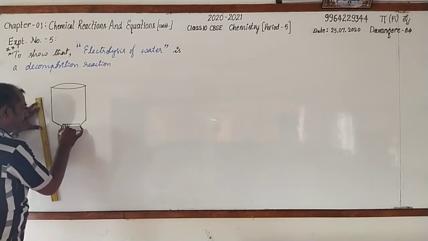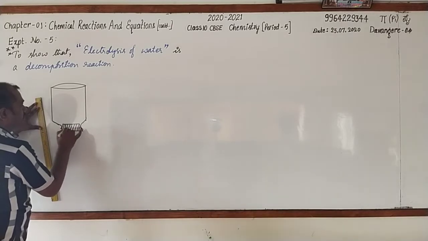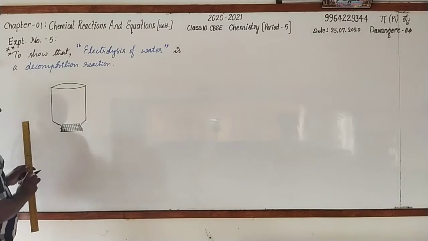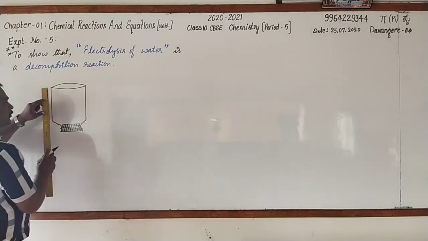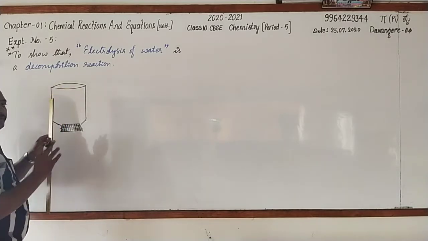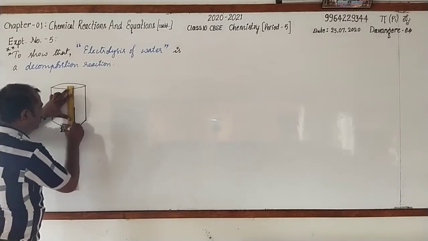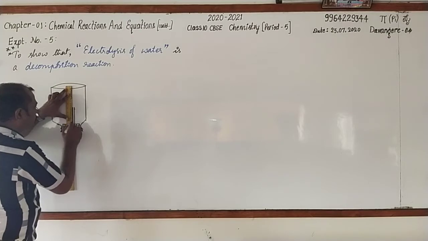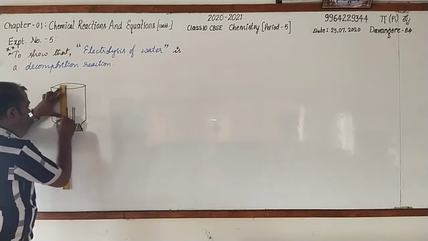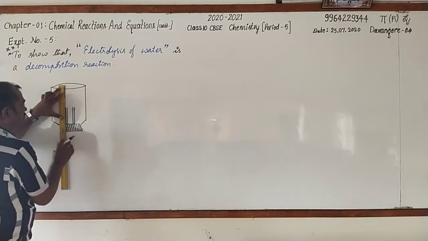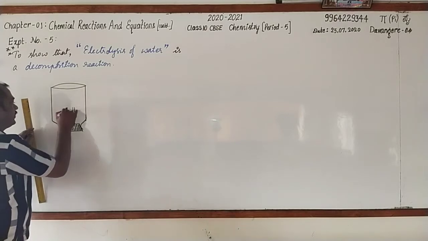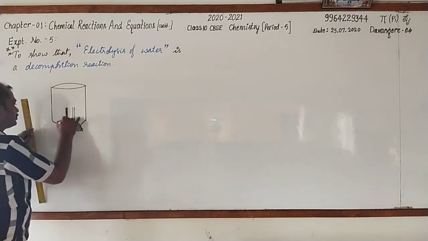It is to be fixed in the mouth of the glass bottle. Next, you take 2 graphite rods, and these graphite rods are to be inserted in the 2 holes. Look here. Then these are the graphite rods. I am going to shade it.